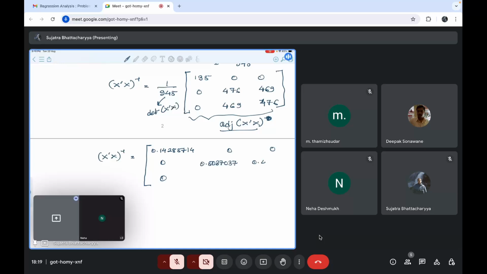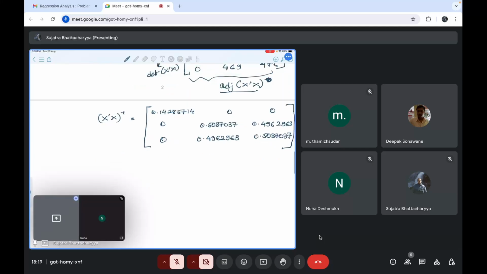This is 0.496296, and this is 0.4962963, and this is 0.50370. Okay, so finally, this is our inverse matrix. You can check with your calculations also. So finally, this is your inverse.